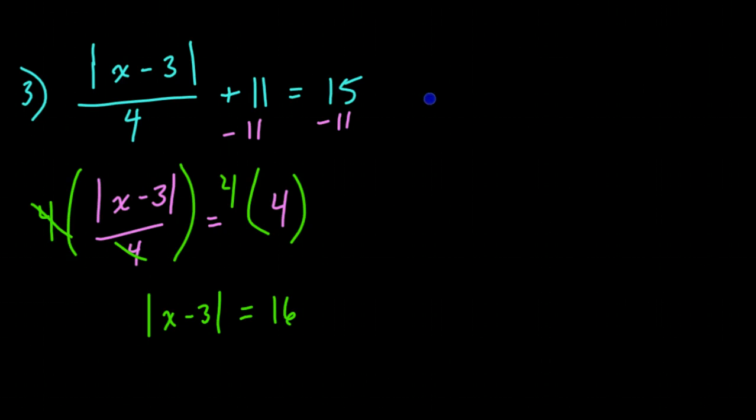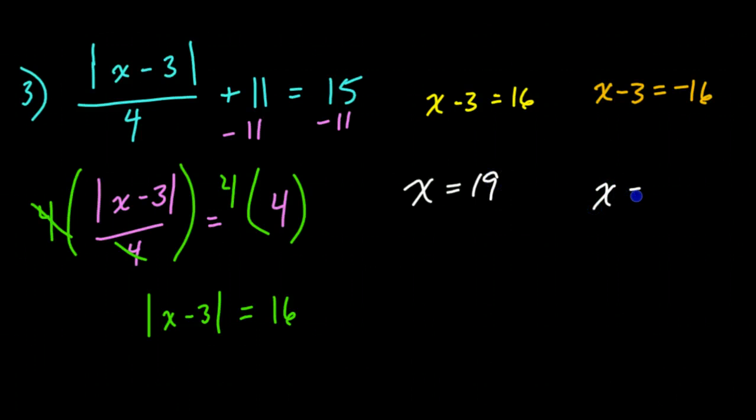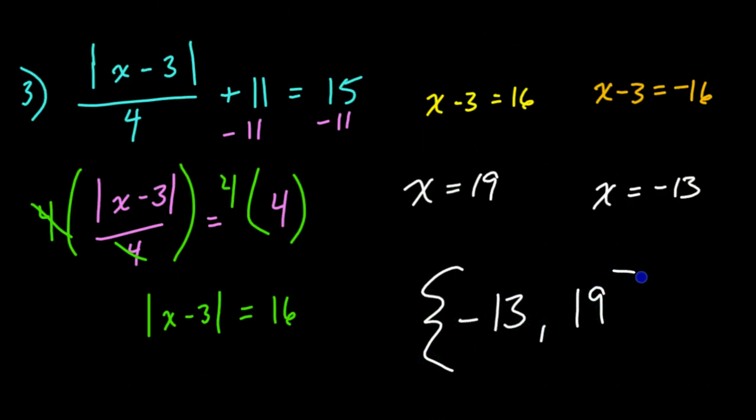Now that I got the absolute value all alone, I have x minus 3 equals 16, and x minus 3 equals negative 16. Solve the one on the left, add 3 to both sides, you get x equals 19. Solve the one on the right, add 3 to both sides, you get x equals negative 13. Write your answers in set notation, negative 13, comma 19.